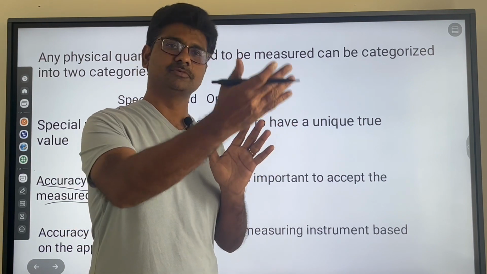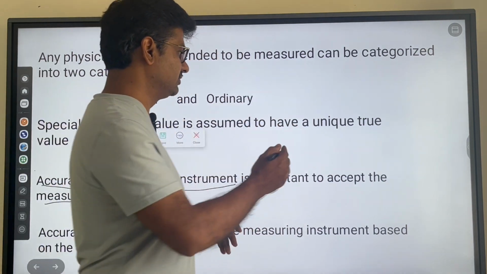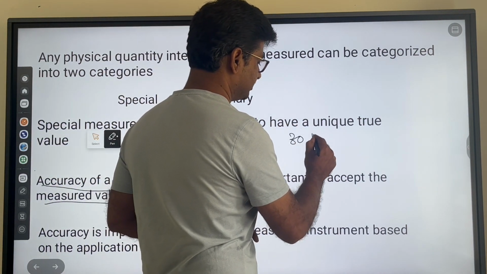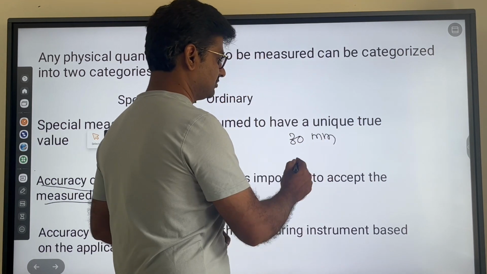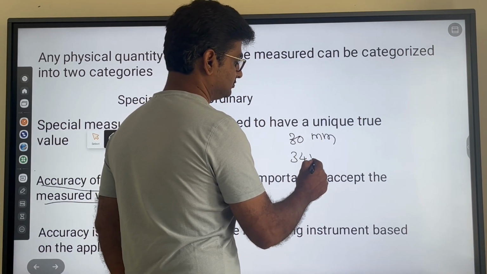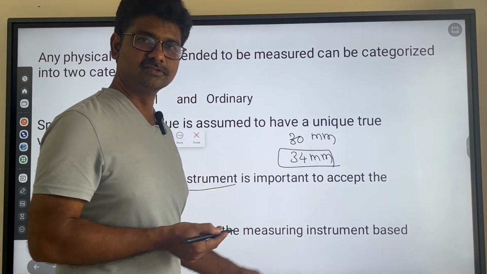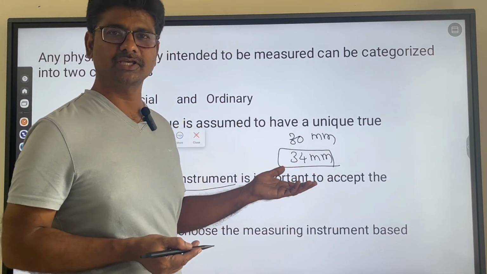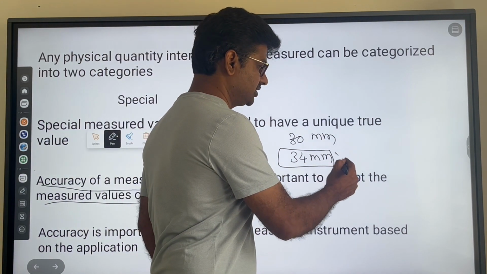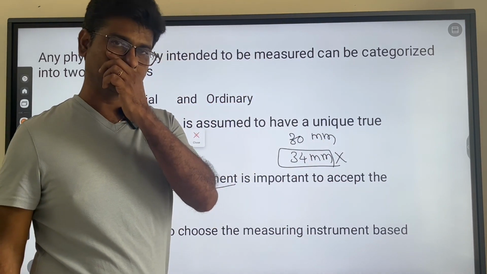If it is far from the true value, as I told you in the previous case, 30 mm is the true value and you are measuring something and getting 34 mm, what does that mean? Your measuring instrument is not accurate.